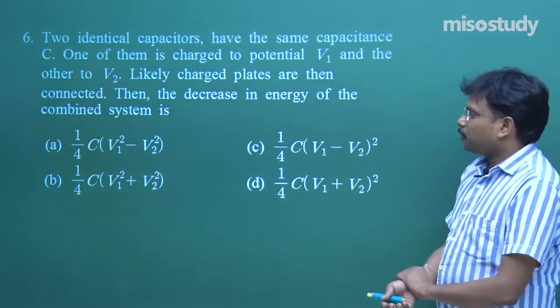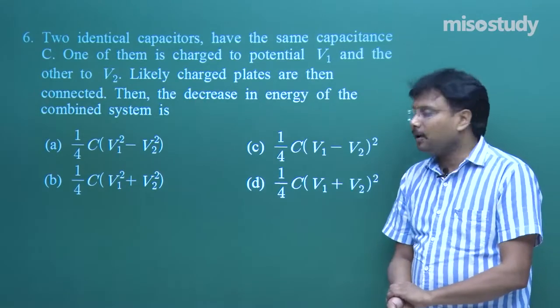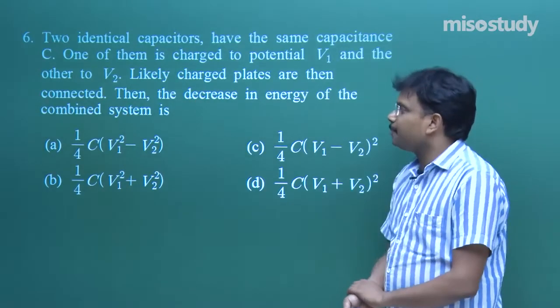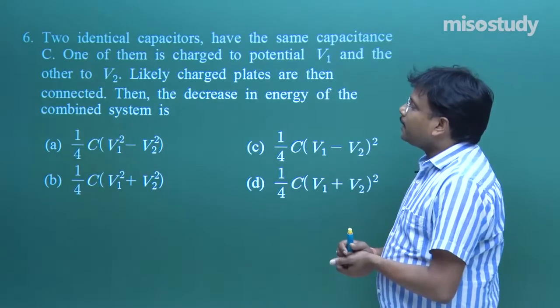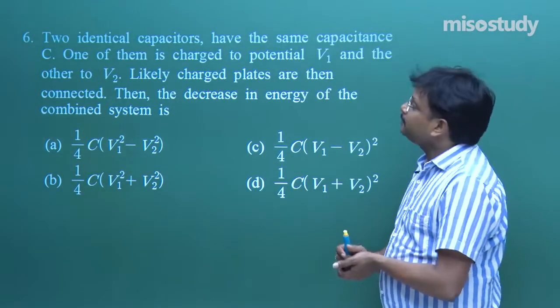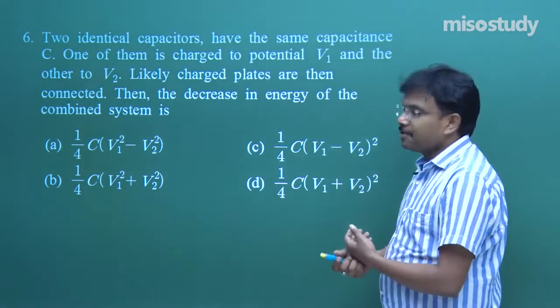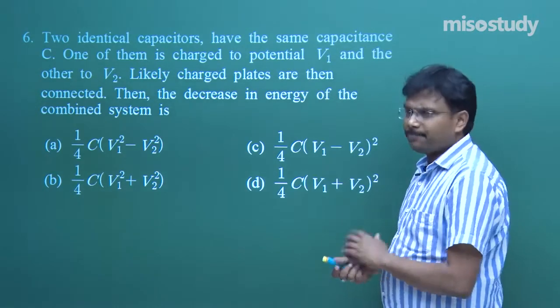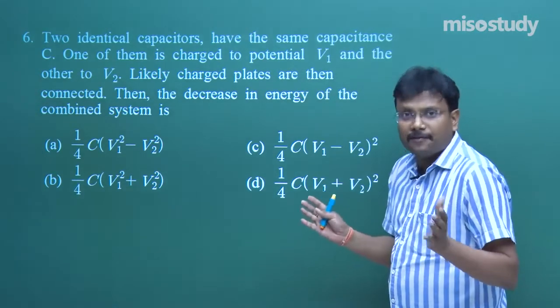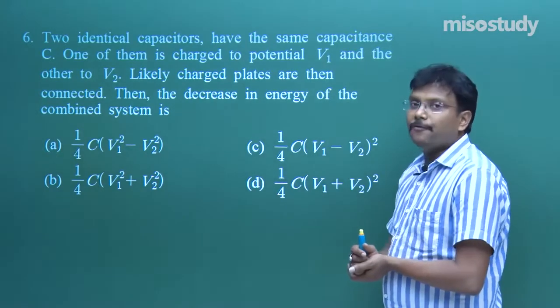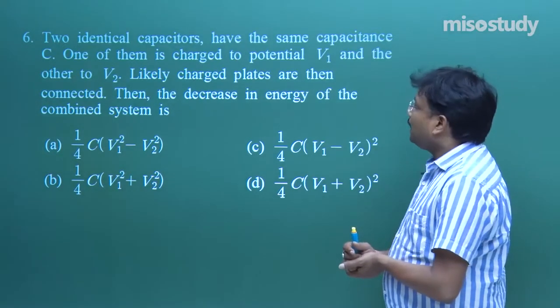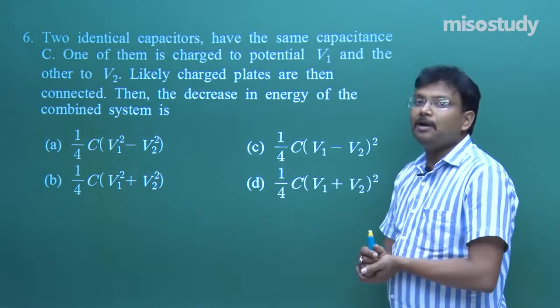Now, the question is simple, not very difficult. Let us try to understand. You have two identical capacitors, and they have the same capacitance C, as this line is self-explanatory. One of them is charged to potential V1 and the other to potential V2.